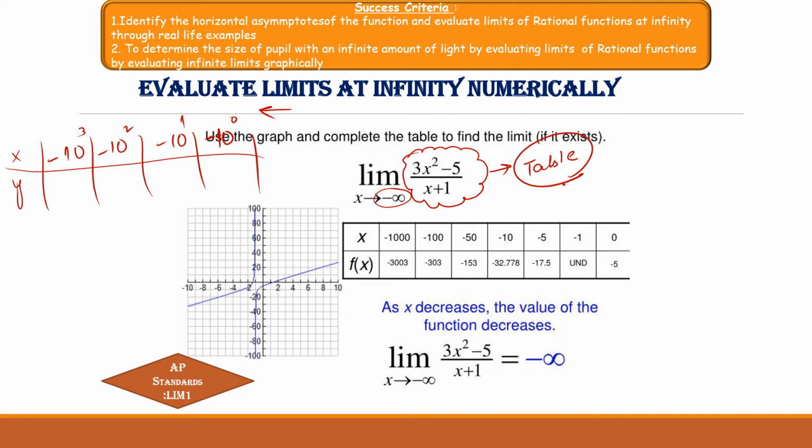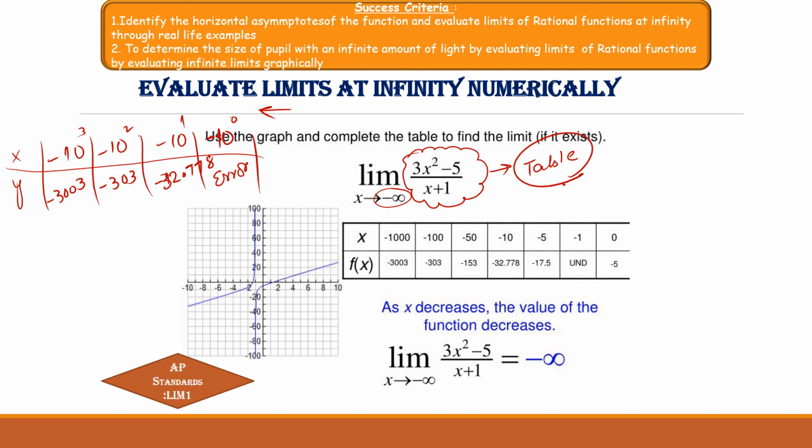So for 10 to the power of 0, it will unfortunately give you an error. If this is giving you an error, you don't need to write it. Then minus 10 gives minus 32.778. On negative 10 squared, you will have negative 303 and negative 10 to the power of 3, you have negative 3003. Now what have you seen?